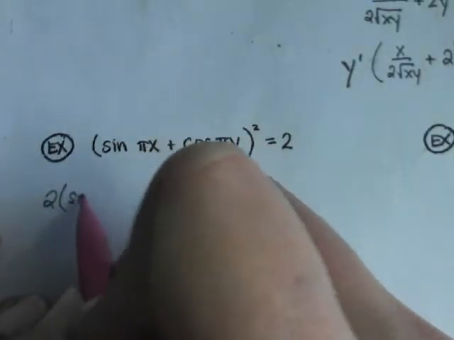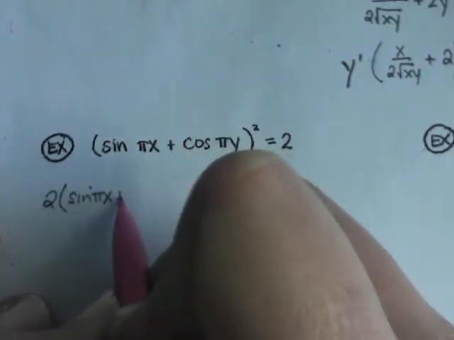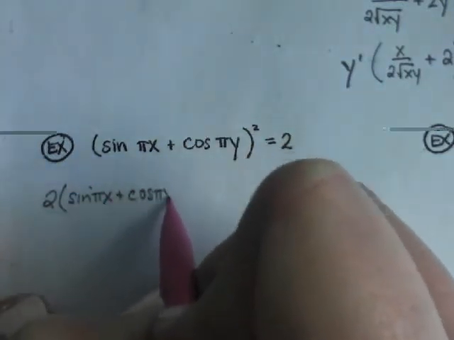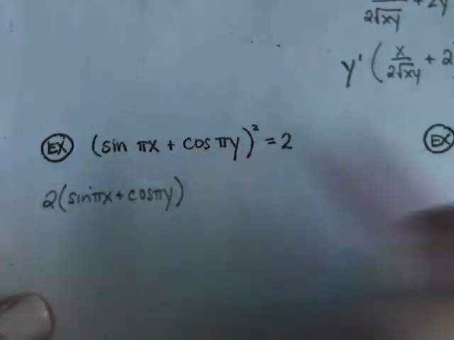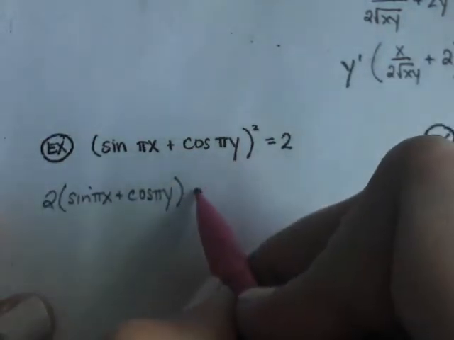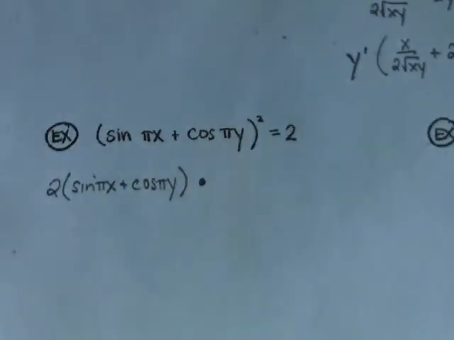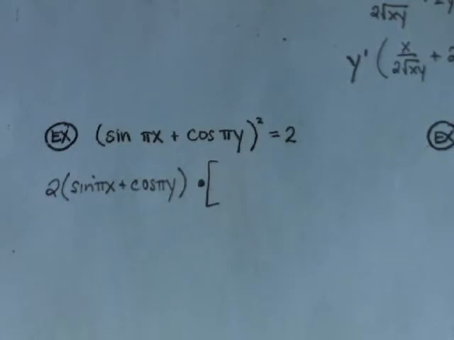What's the derivative of the sine pi x? Cosine pi x times pi. There's a chain rule within just that derivative. Good? Well, just because I like to keep it in order for people so they know I do the derivative of the sine pi x times the derivative of what's inside.